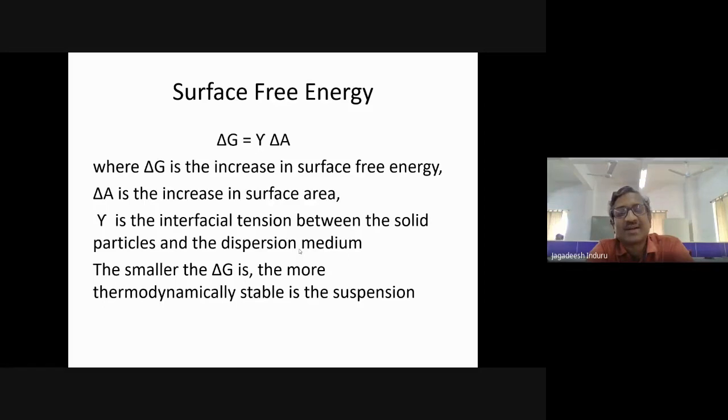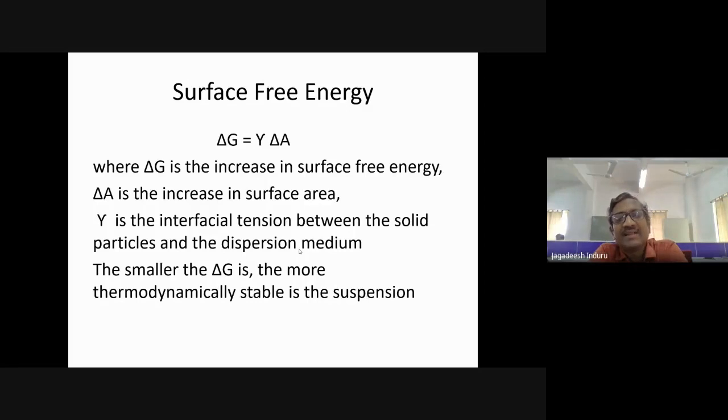If you see, here is the trouble we are entering, so you have got some conflict here. What is the conflict? You want to prevent settling and make a stable suspension by decreasing the particle size. When you are decreasing the particle size, finer and finer, the change in the area is larger and larger, so the delta G, that is the free energy, also increases. So you are enhancing the surface area more and more by making the particles smaller and smaller.